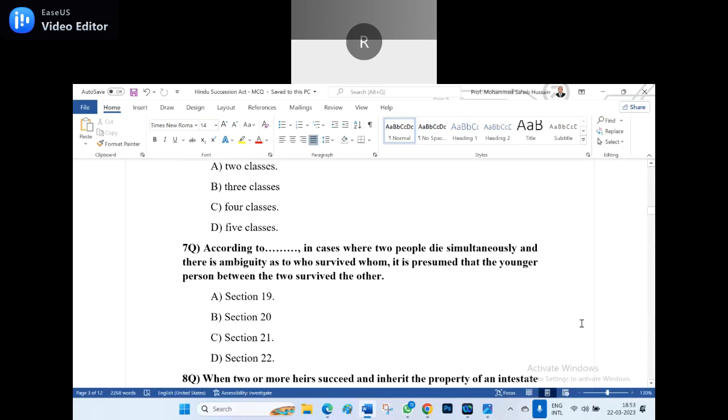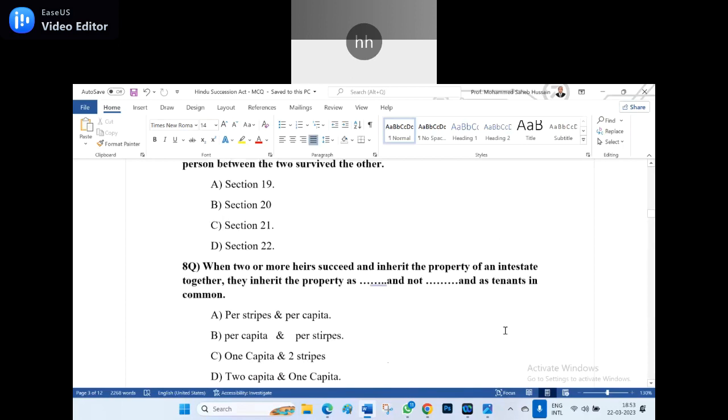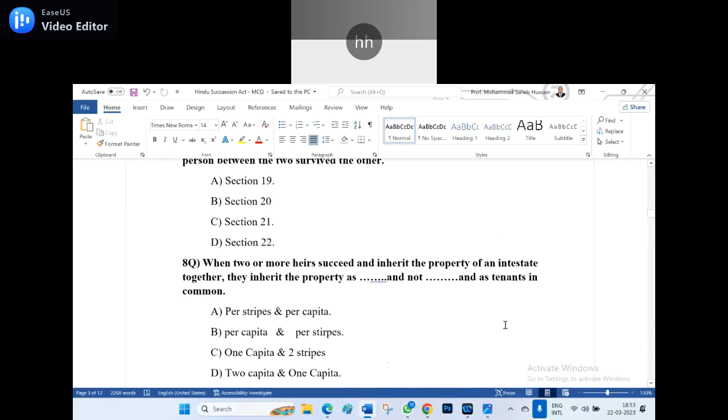Section 21: in cases where two people die simultaneously and there is ambiguity as to who survived whom, it is presumed that the younger person between the two survived the other. I told you the logic also. Why?